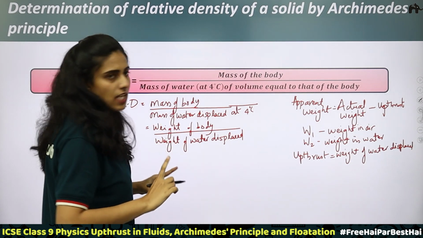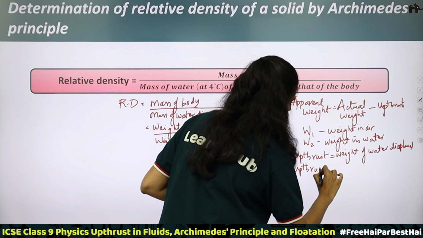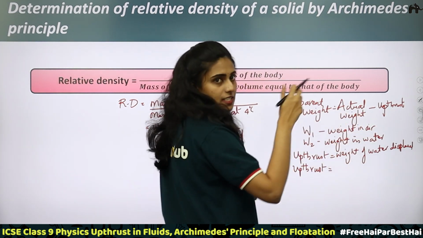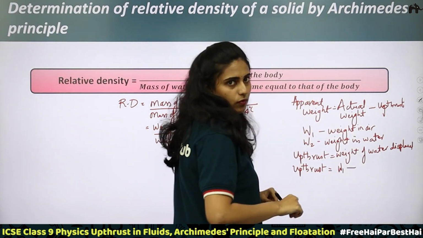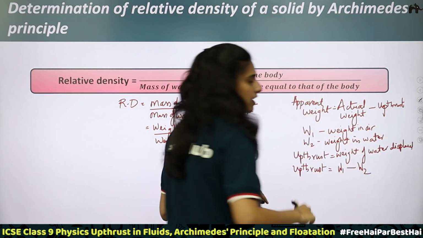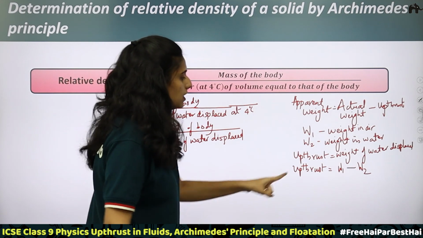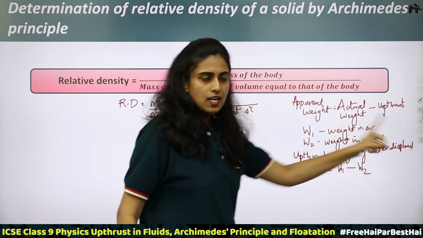Now, what is upthrust? Upthrust is equal to actual weight, which is the weight in air, W1, minus apparent weight, the weight in water, W2. When it is taken out of water, the weight again becomes W1. So the upthrust is equal to W1 minus W2, and upthrust is the weight of water displaced.